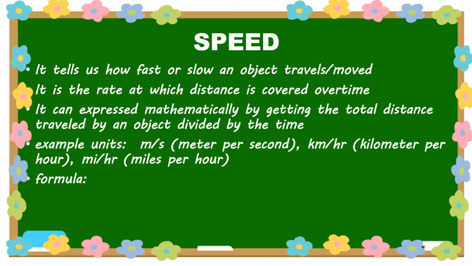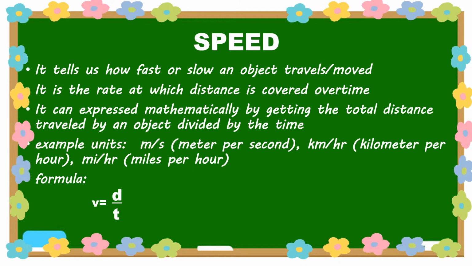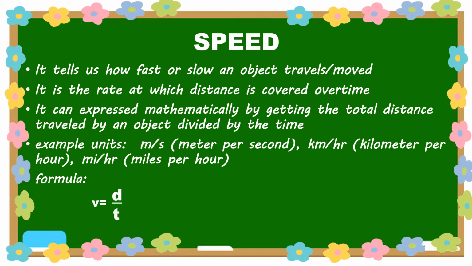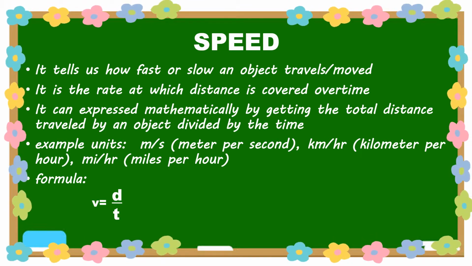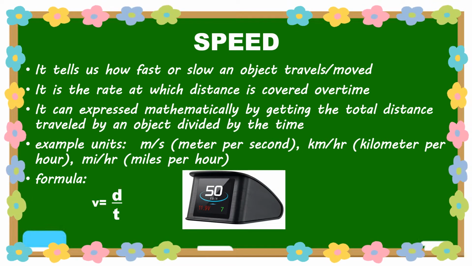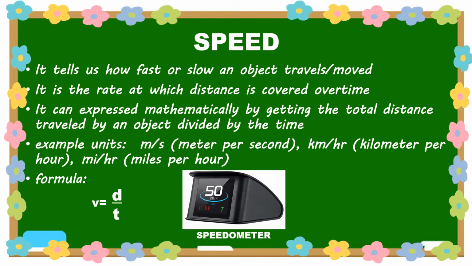The formula in getting the value of speed is v = d/t, wherein v stands for the speed, d stands for the distance, and t stands for the time. Now, the instrument used to measure the speed of an object is what we call the speedometer.